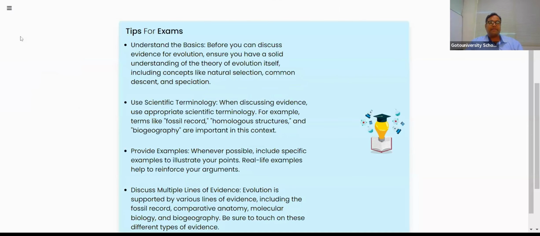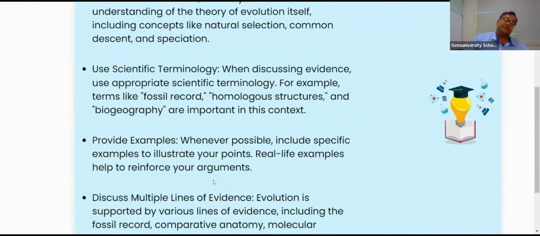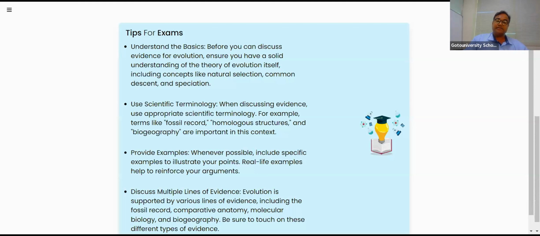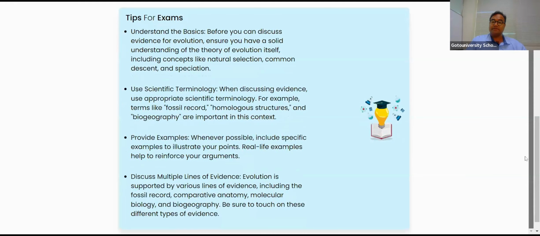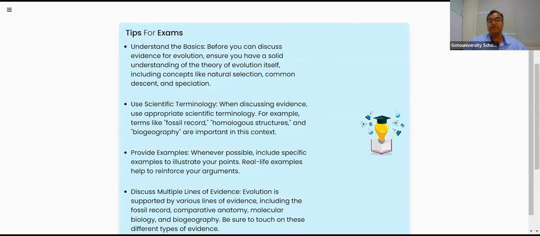The tips of the exam: in this, scientific terminology, examples, and the explanation of the examples we need to explain in detail. Then cracking the result is very easy. Anyone having any doubt? I have given provision for you to ask the doubt.